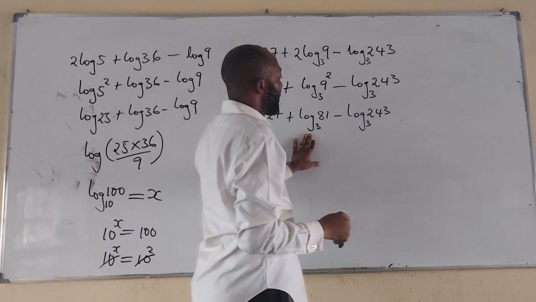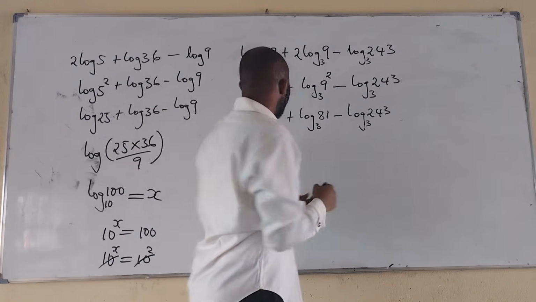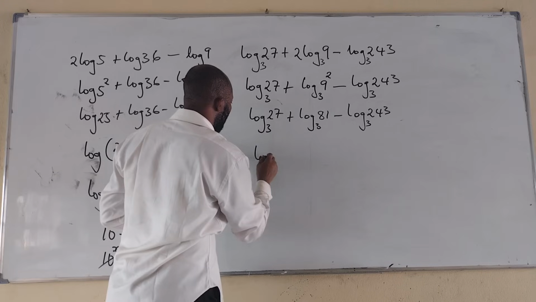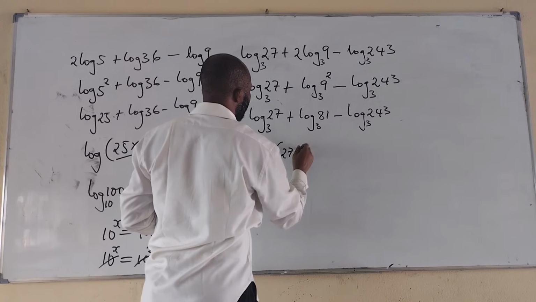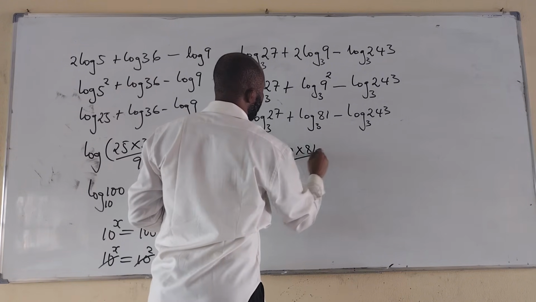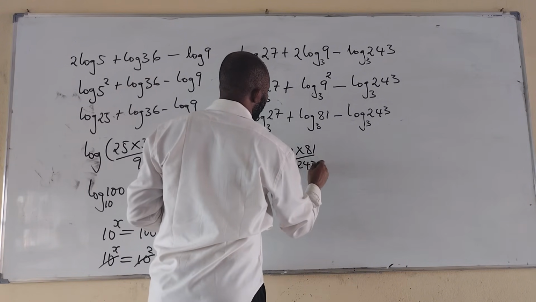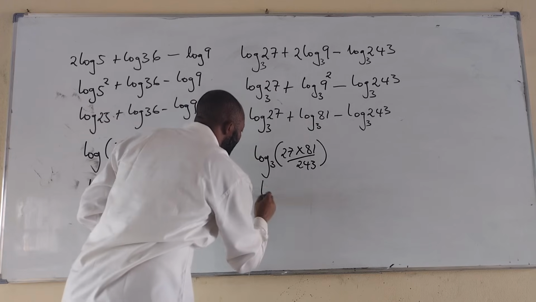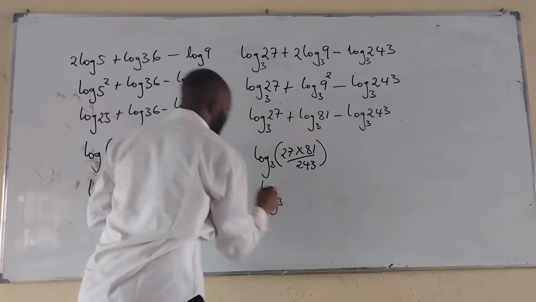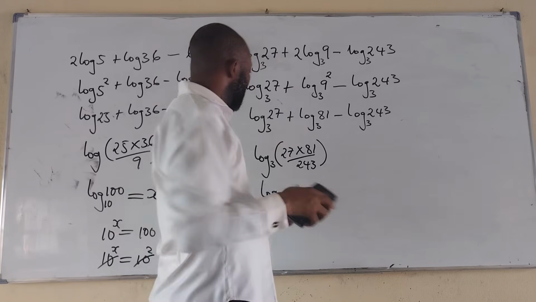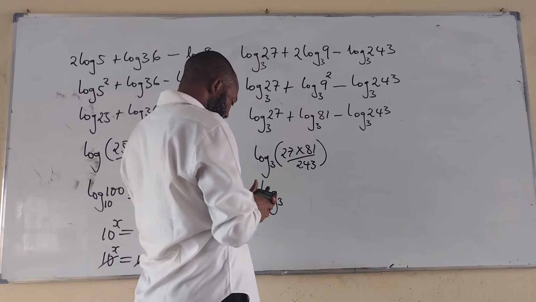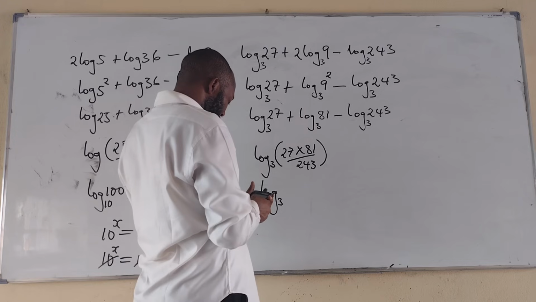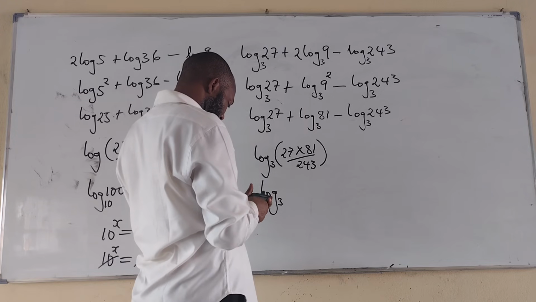Now apply the laws, addition law, subtraction law. So I have my common log, which is in base 3, open bracket 27 times 81 divided by 243. Close my bracket. I multiply 27 times 81 divided by 243.